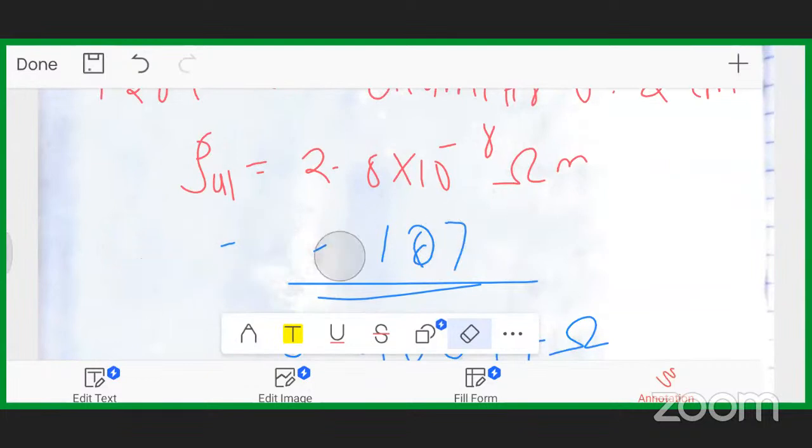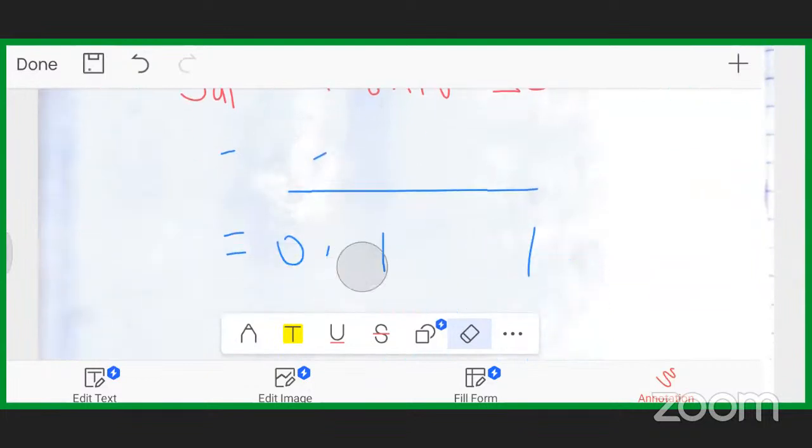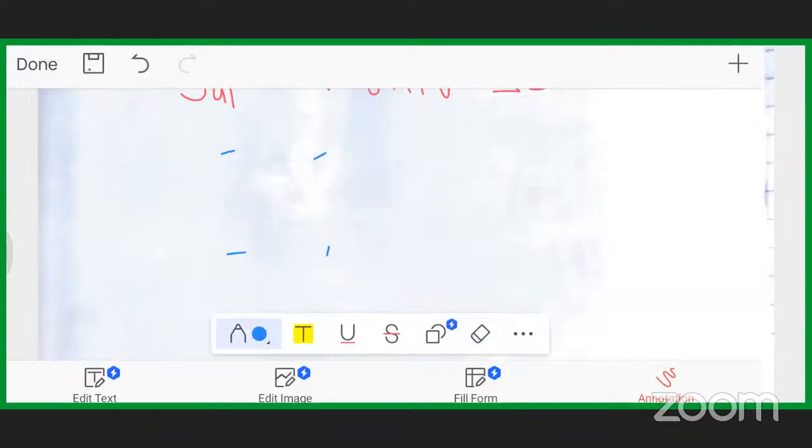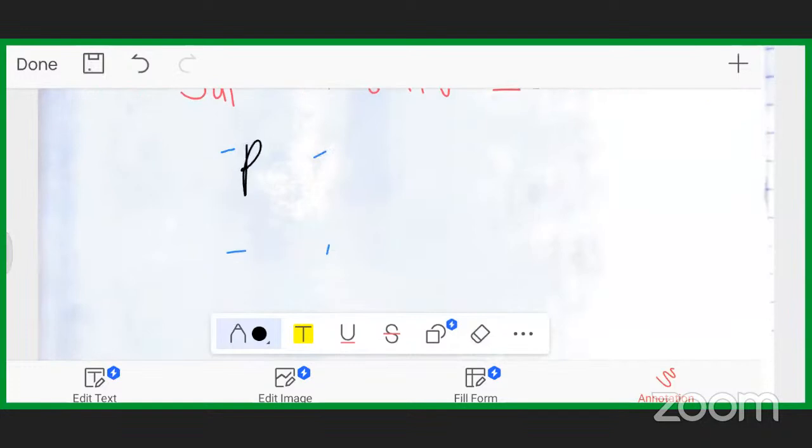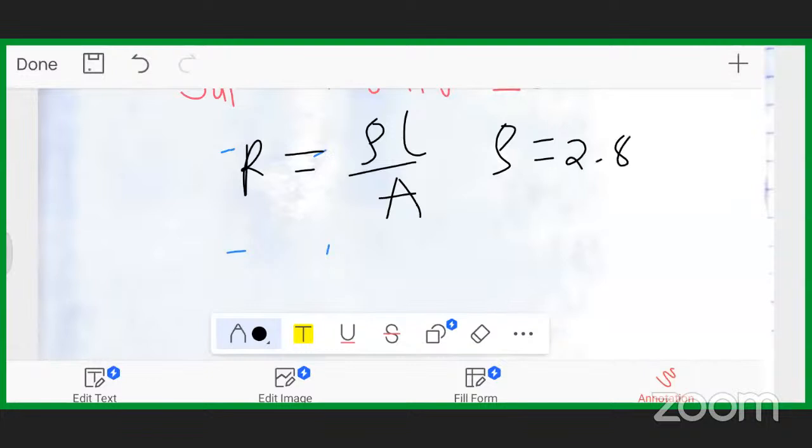Let's go through it quickly, for those of us who may be stranded on how to go about it. Now, we know that R is given as rho L over A. That is the formula that we have. So resistivity is already given as 2.8 times 10 raised to -8.